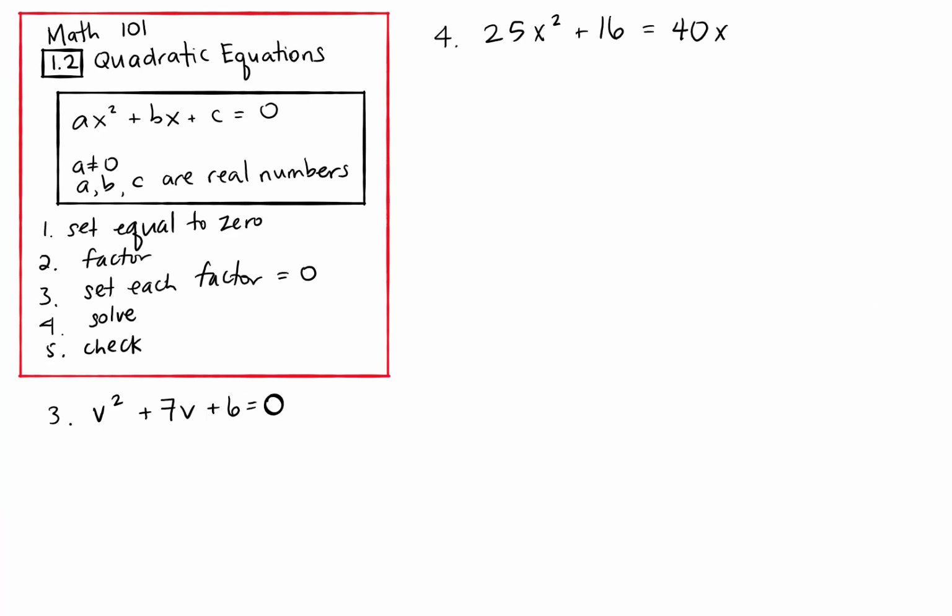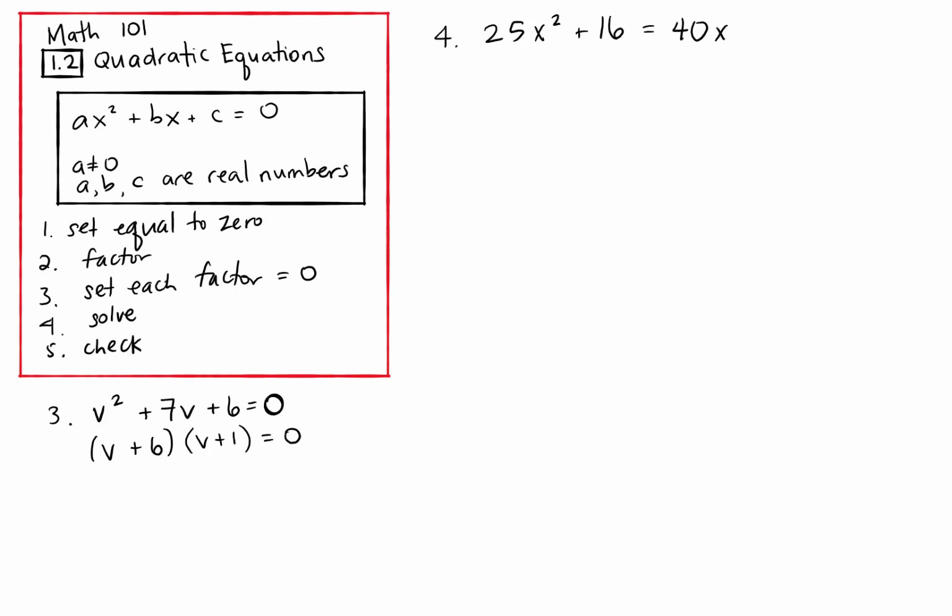Okay, we're continuing with question number 3. And make sure that you realize it changed the variables. It has v squared plus 7v plus 6 is equal to 0. Once again, step 1 is already done for us because it's equal to 0. So all we have to do is factor. And get v plus 6 and v plus 1.